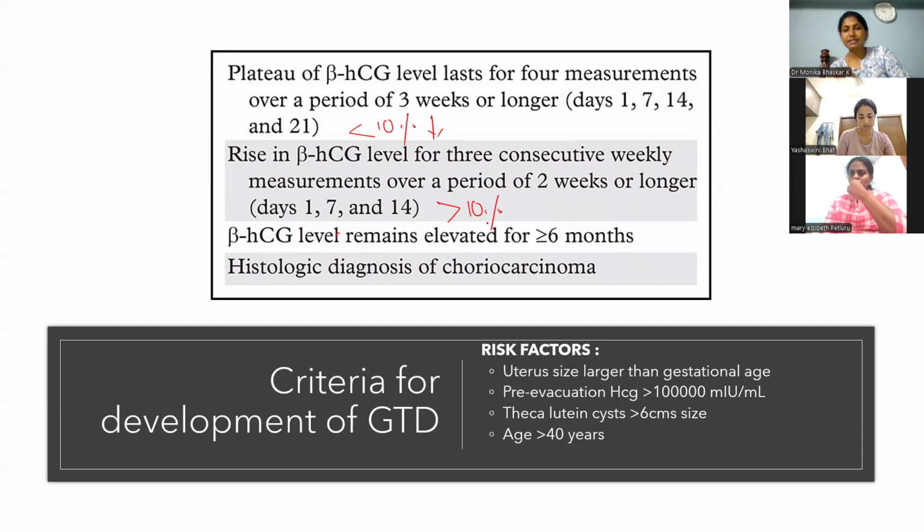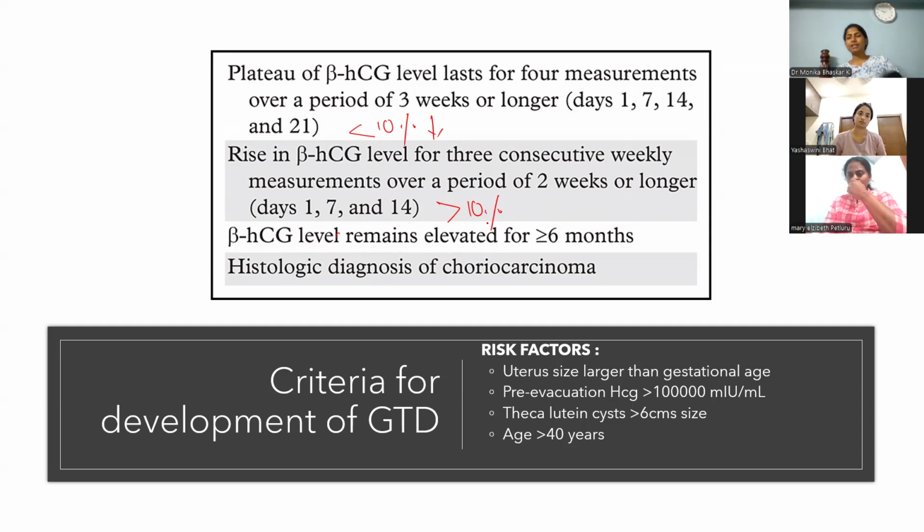And if there is a persistently high level of beta HCG even 6 months after evacuation, then also you have to suspect persistent trophoblastic disease. And if there is any histological diagnosis of choriocarcinoma, then also you have to suspect gestational trophoblastic neoplasia.